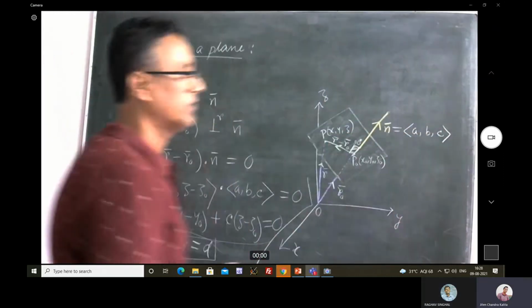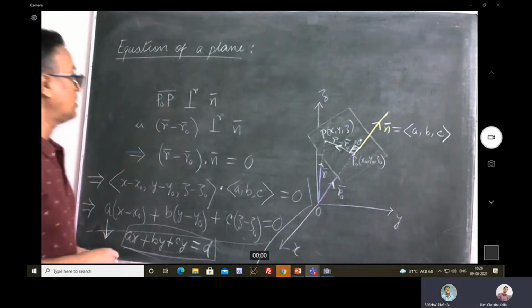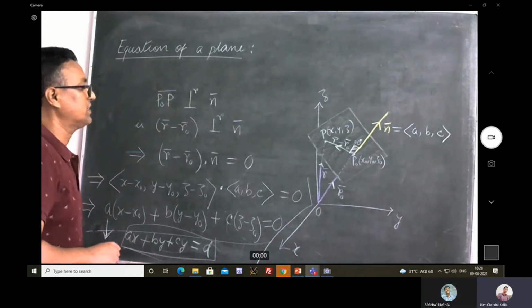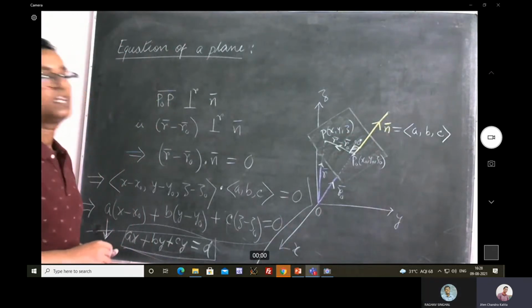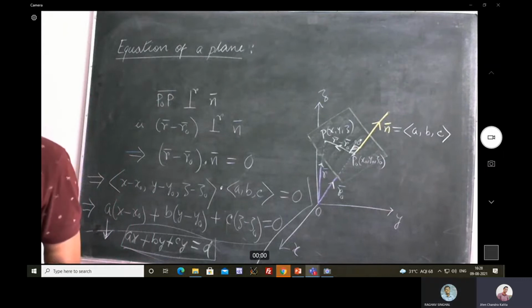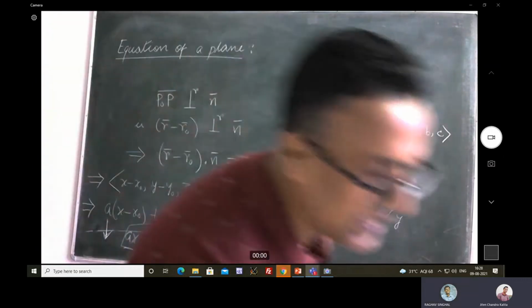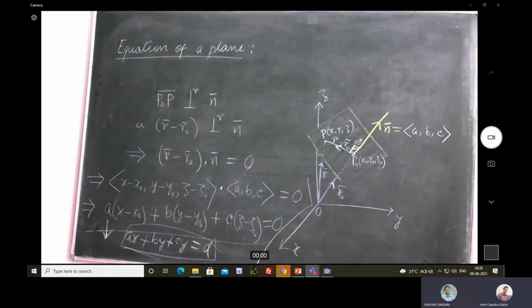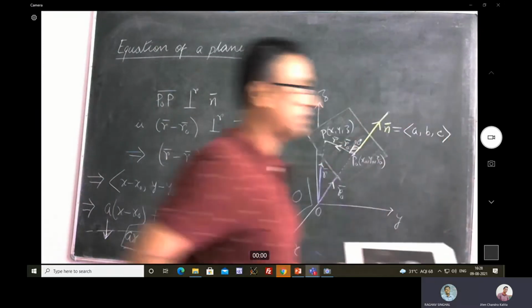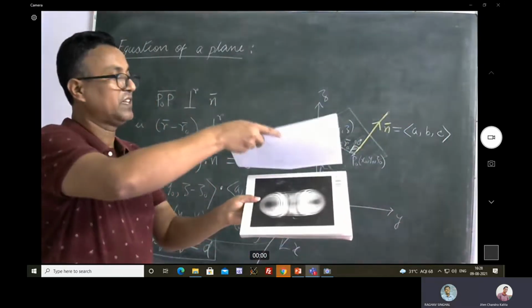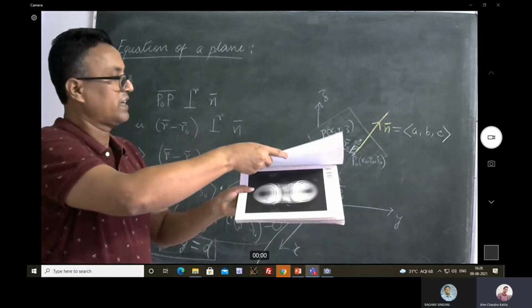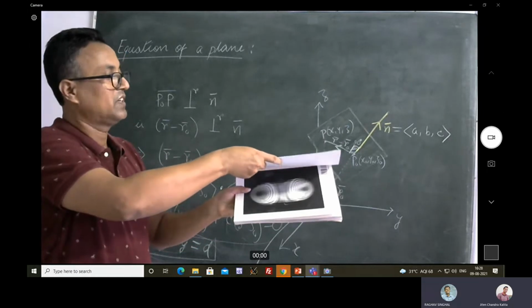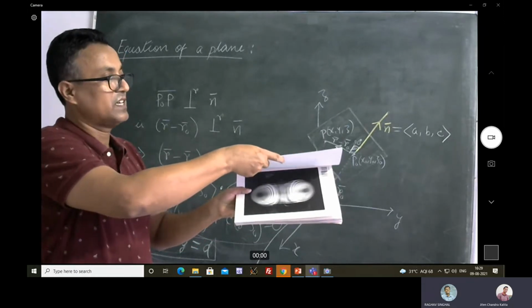Is it okay? Right. So now the next question is, suppose I want to find the angle between two planes. My situation is going to be something like this: I have this plane and another plane, and I want to find the angle between these planes.